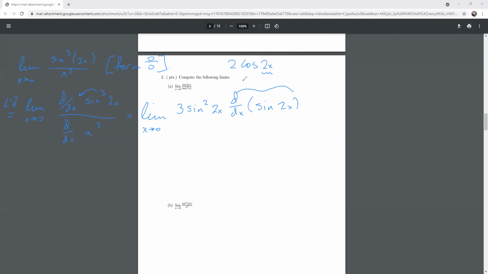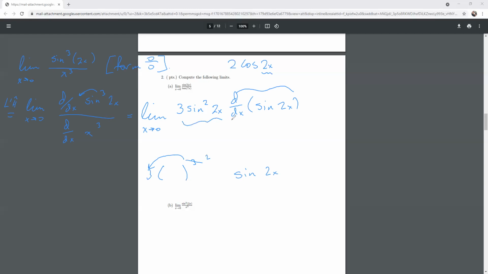Okay, so does that make sense? We applied 2 chain rules. One for the cubed, so we have something cubed. And then the next one was the sine of 2x. So we brought down the 3, subtracted 1, and we were left with the square. And that's what we have right here.